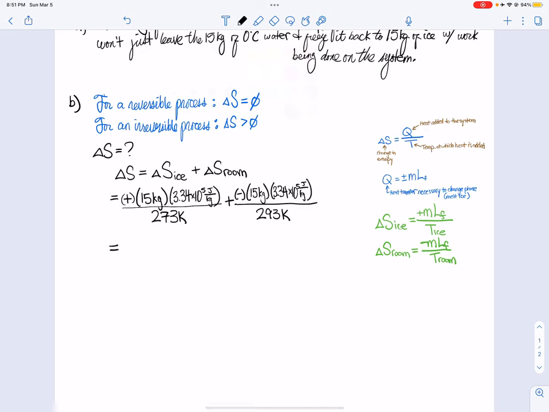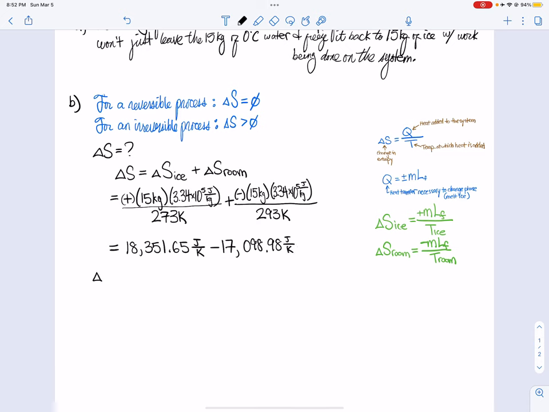So back to the problem. I plugged this into my calculator, canceled out my units, and I'm going to get that the answer is 18,351.65 joules per Kelvin minus 17,098.98 joules per Kelvin.